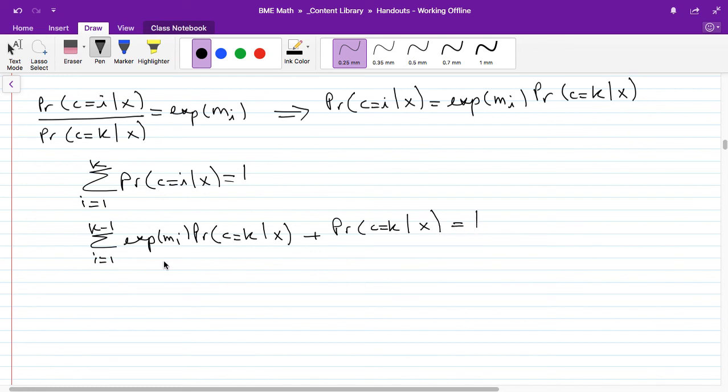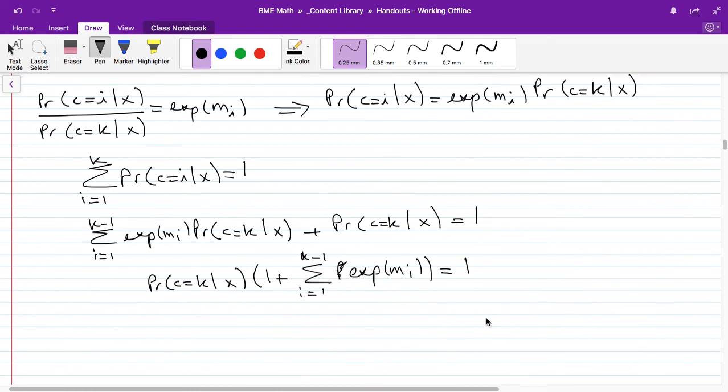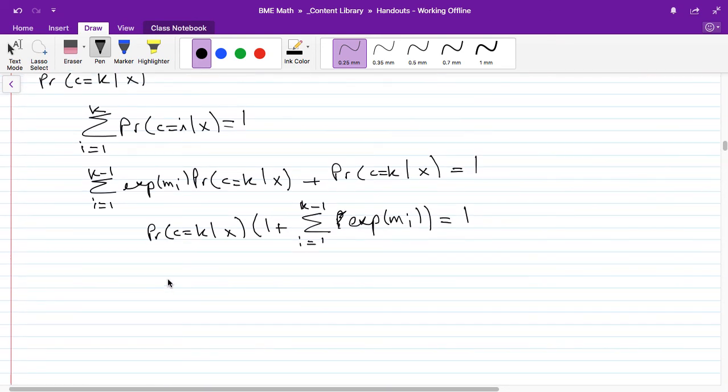And so let's factor out the probability of it being class k. That's equal to 1. So then the probability of it being class k given x is 1 over this quantity.